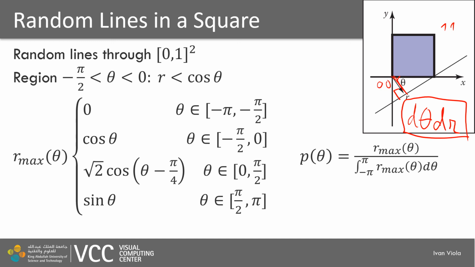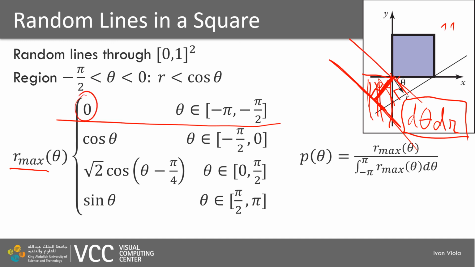So for example, if our theta is equal to minus pi to minus pi half, so all the lines which will be basically having this angle with the normal, such a line, the maximal radius which we will still cross the 0, 0, 1, 1 square will be 0.